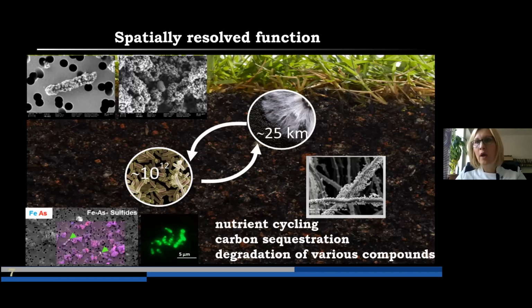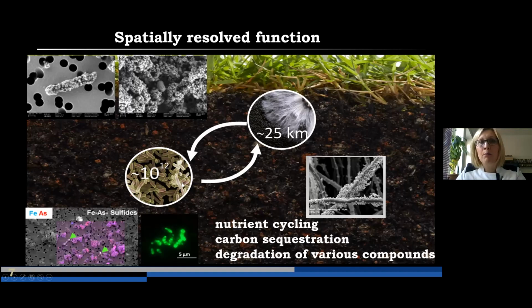And here, although I know you are focused on marine environments, I just chose to give you an example from soil, which is extremely complex. I don't say that the marine environment is not, but you have a really huge number of microorganisms per gram of sediment, so close to 10 to the 12.